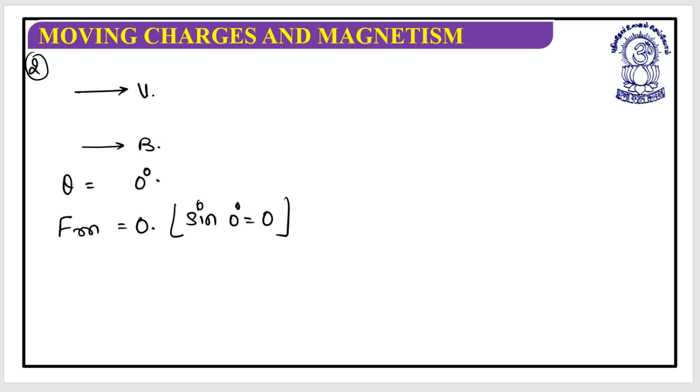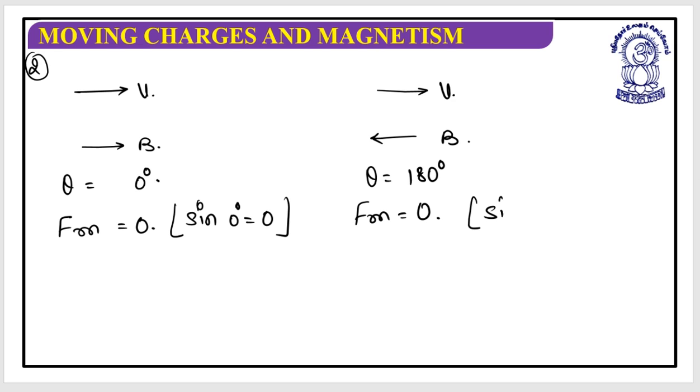If the situation is something like this, where V and B are opposite, theta, the angle between velocity vector and magnetic field vector, is 180 degrees, and then the magnetic force is again 0, because sine 180 degrees is equal to 0. This is one case where V, B and Q are there, but the magnetic force is 0.